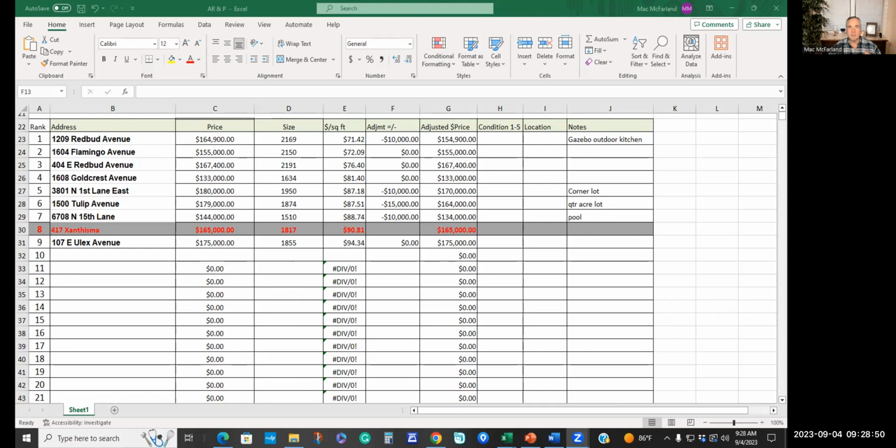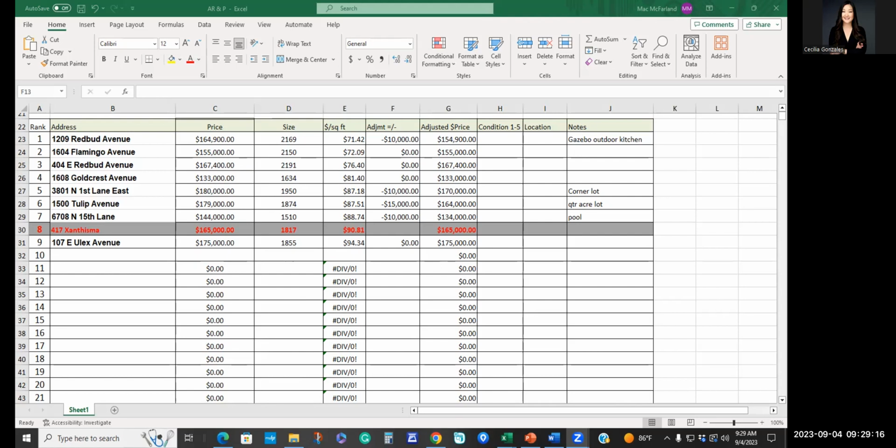If the subject property is smaller in square footage than the comp, what do we do on the adjusted price? What kind of adjustment? Go ahead.